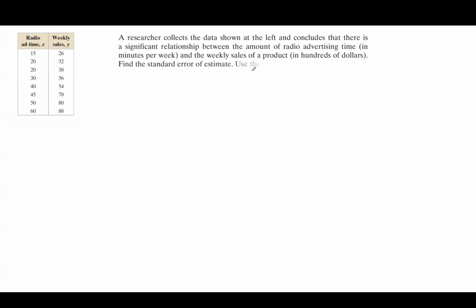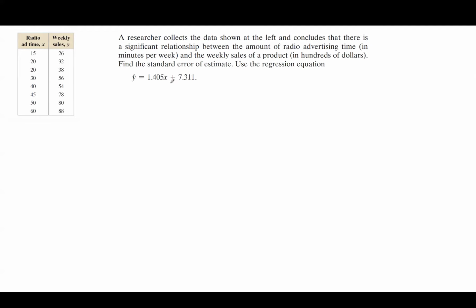So this researcher collects the data, and there is a significant relationship between the amount of radio advertising time in minutes per week and the weekly sales of a product in hundreds of dollars. We want to find the standard error of estimate. We want to use the regression equation y hat equals 1.405 times x plus 7.311.